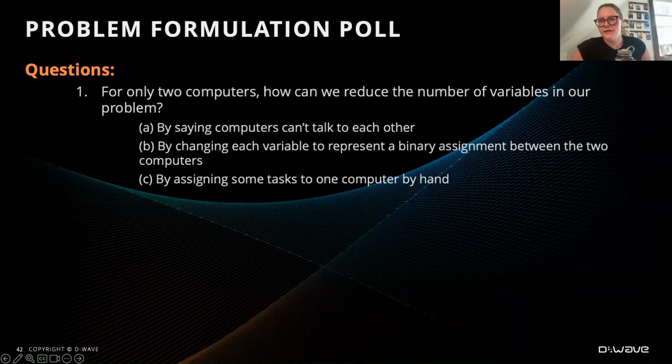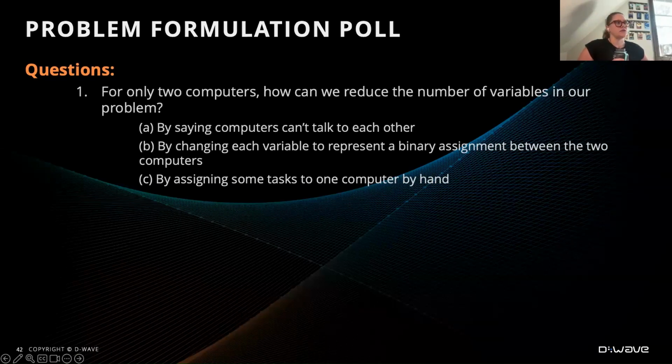Okay, question time. Many answers D. More B. Lots of B's. Okay, great. Yeah, I agree with that one. Remember our variables talked about which task and which computer it was going to be assigned to.